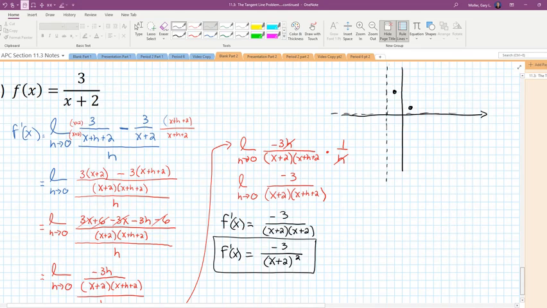And that would give me a graph that looks roughly like this, and matched on the other side.